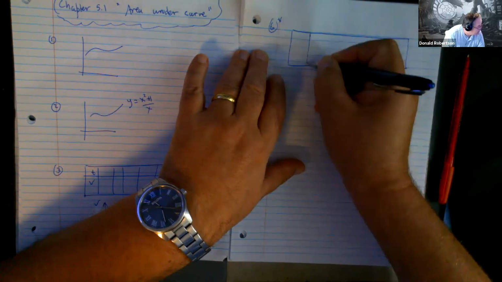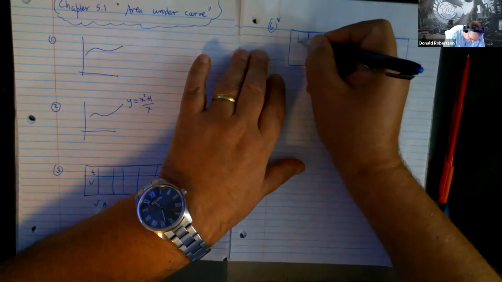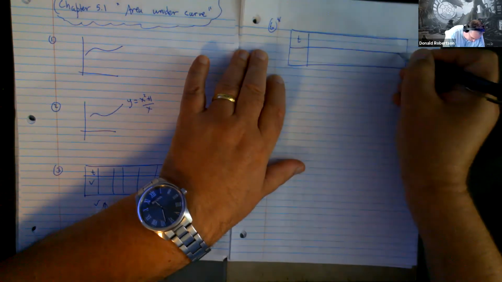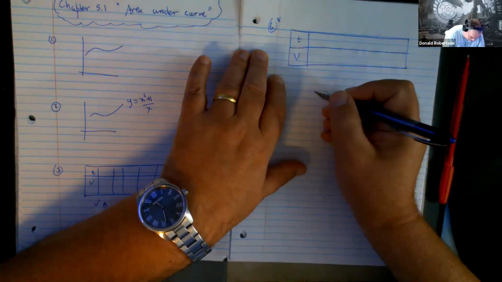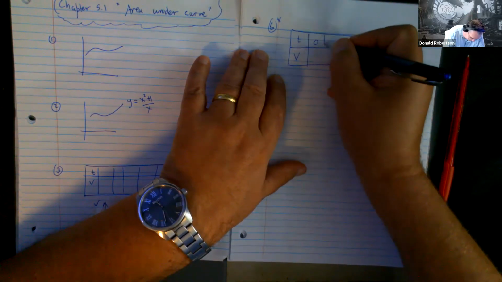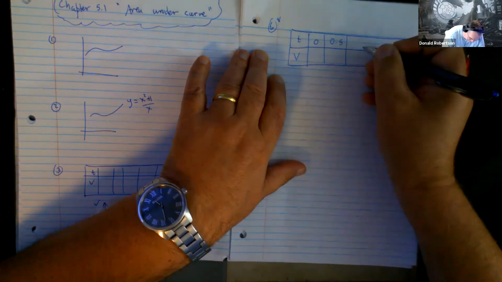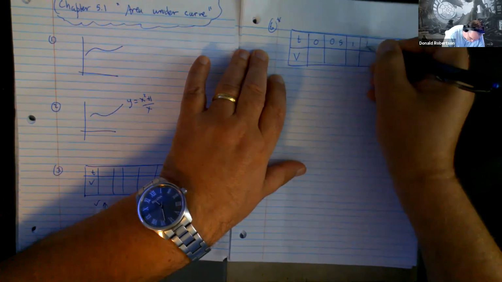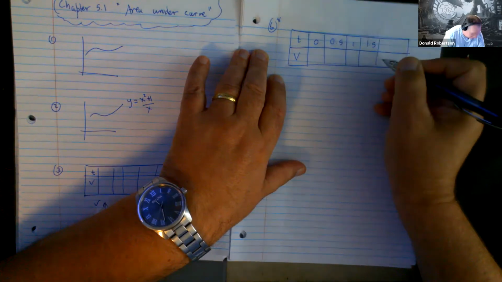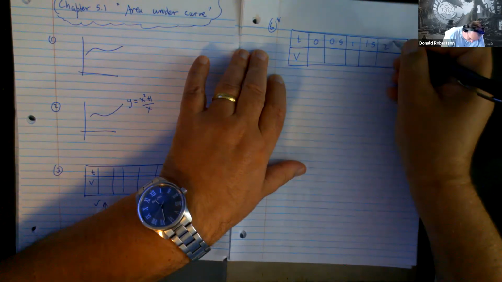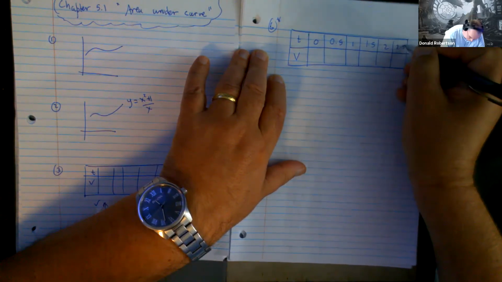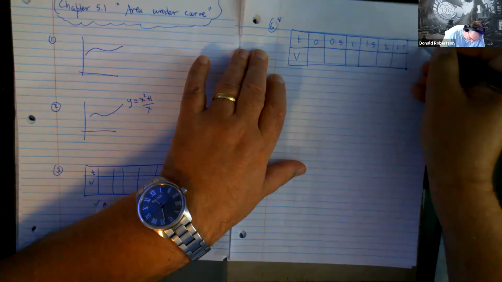And they have the time and the velocity. And it's 0, and it's 0.5, and 1, and a 1.5, 2, 2.5, and then it finishes with 3. Okay.